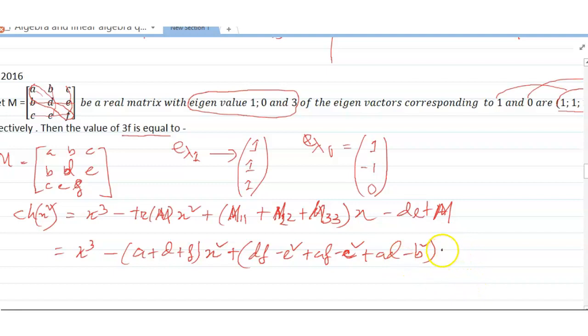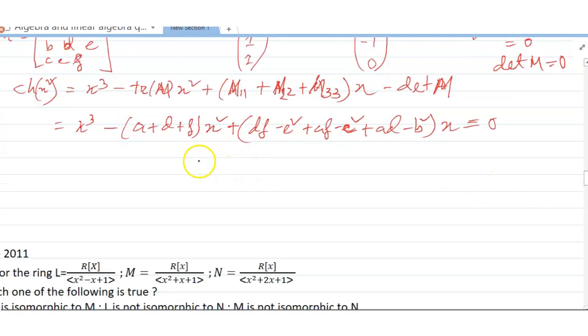This is the x coefficient, and then the determinant of M. Since one eigenvalue equals 0, the determinant of M equals 0. So this is the determinant value, 0.